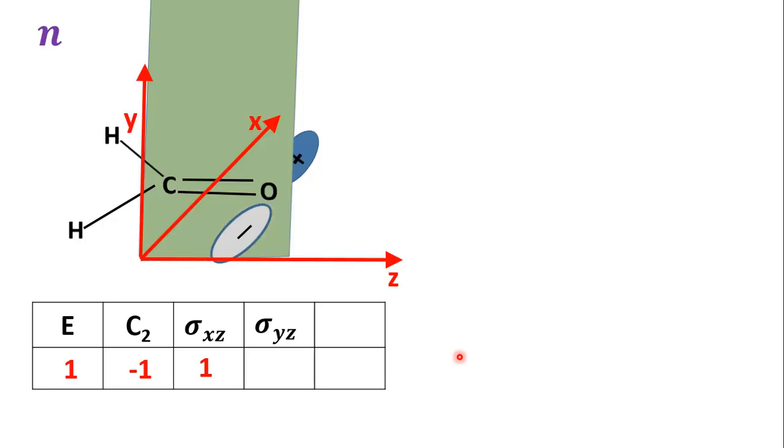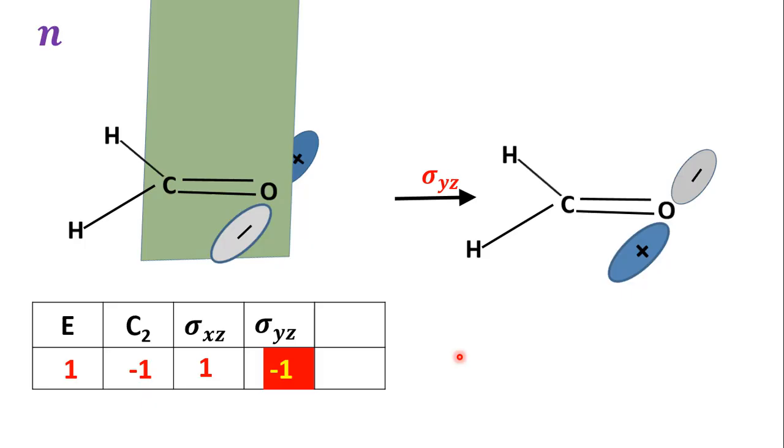Next we come to the sigma yz plane. It is perpendicular to the molecular plane. It cuts through the carbonyl bond. The negative lobe is in front of the plane, and the positive lobe is behind the plane. And when you do the reflection about sigma yz, the negative lobe goes to the back and the positive lobe comes to the front, and the signs are changed, and the operation is antisymmetric, and the number is -1.